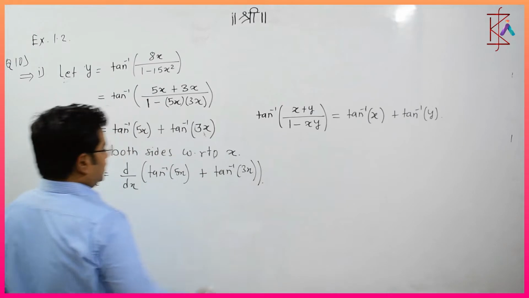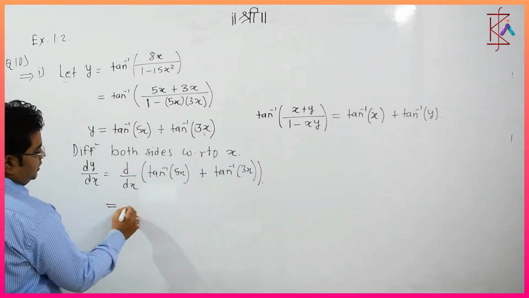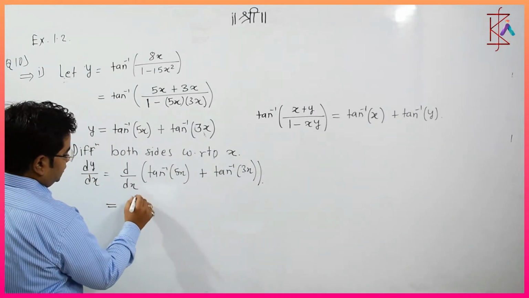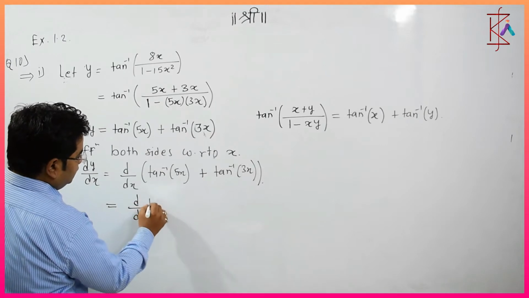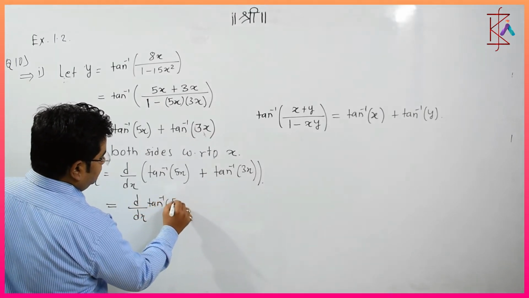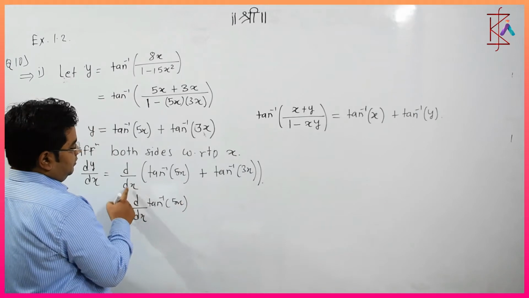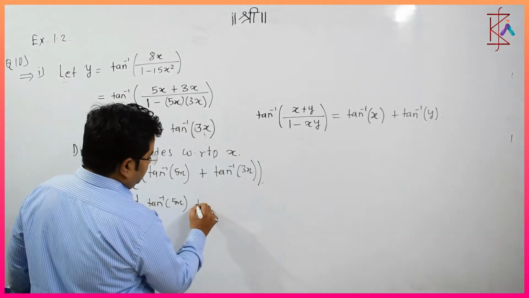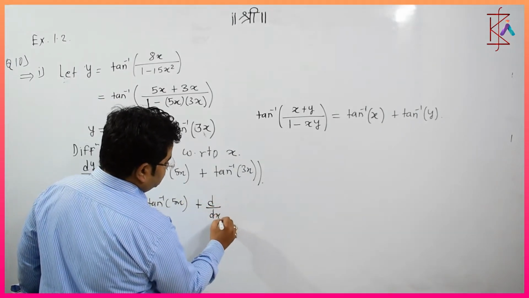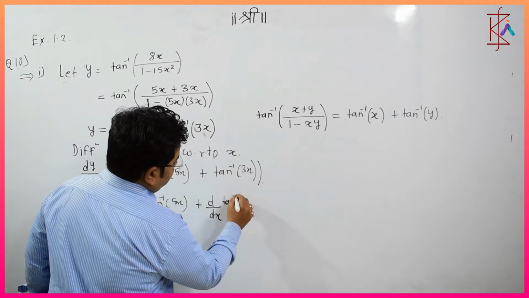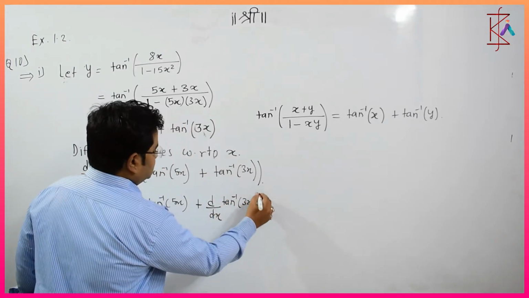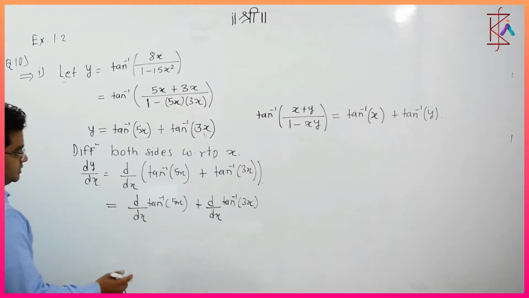Next step, separately differentiating it, we get d upon dx of tan inverse of 5x, plus d upon dx of tan inverse of 3x. Okay, done.